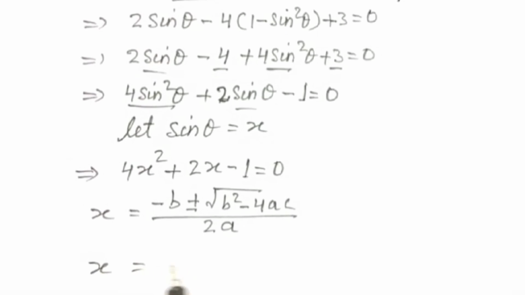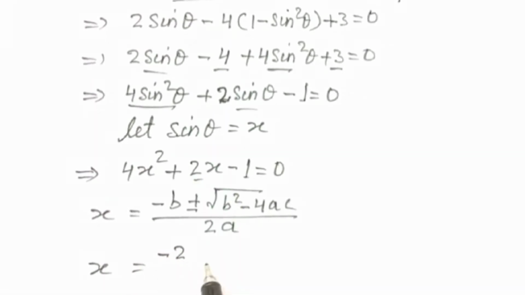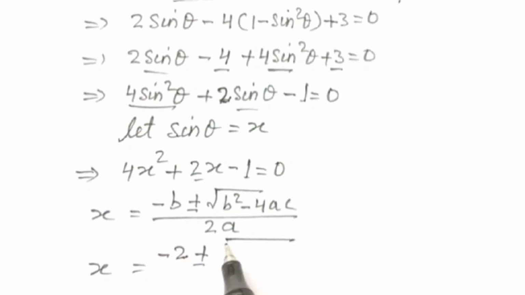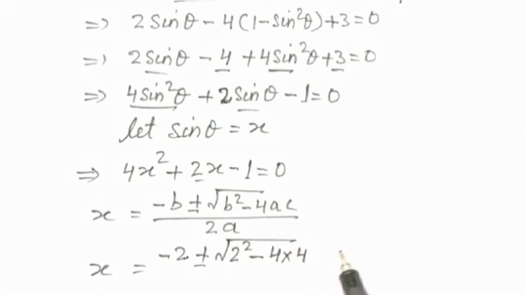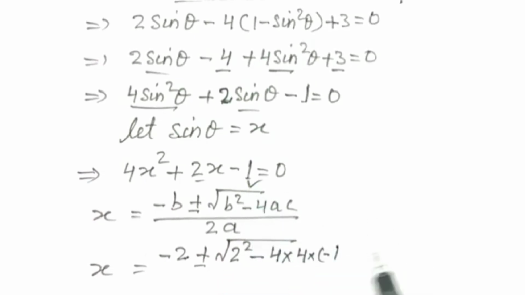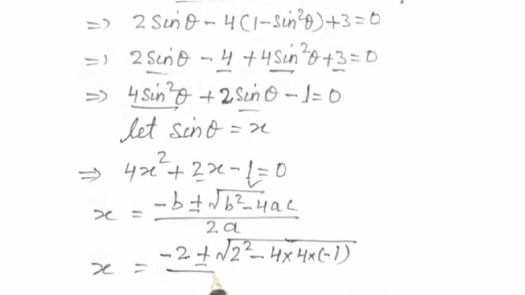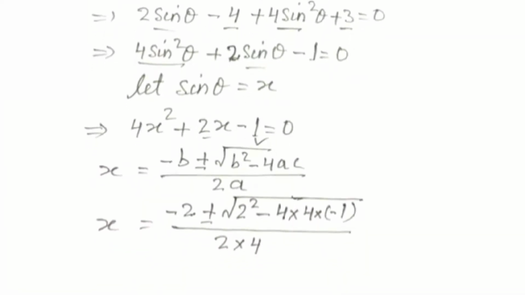So x is equal to minus b, so minus 2 plus minus square root of 2 square minus 4 into a, 4 into c, minus 1, right, over 2a, 2 into 4, fine.